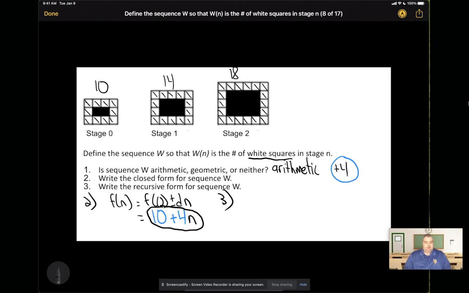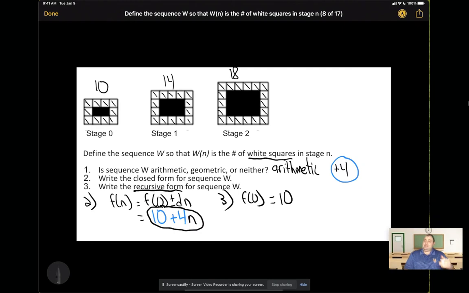Number 3, we're going to do the same thing, except now we're going to write the recursive form. So the recursive form, that goes back to a prior lesson before lessons 8 and 9. So remember, the recursive form has 2 parts to it. So the first part is your starting term, your f of 0. So f of 0 in this case is going to be 10.